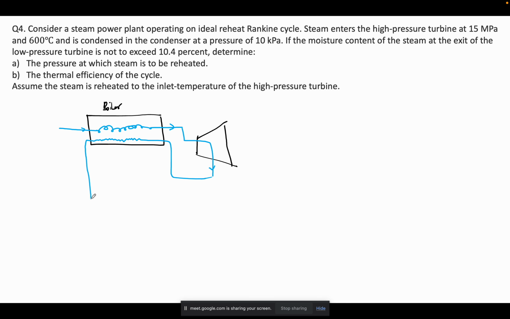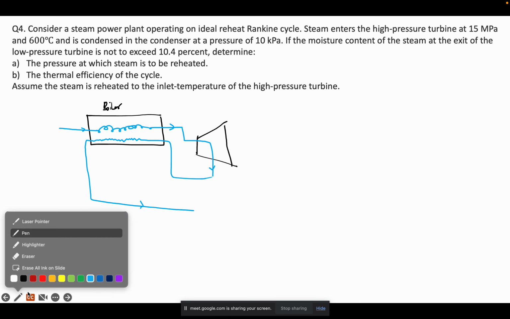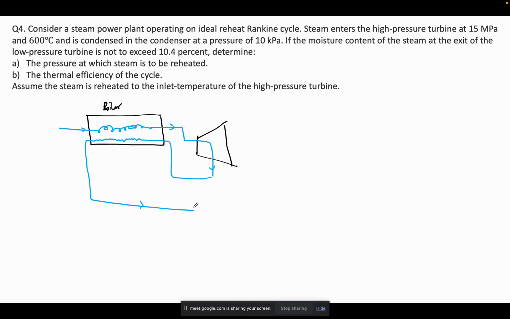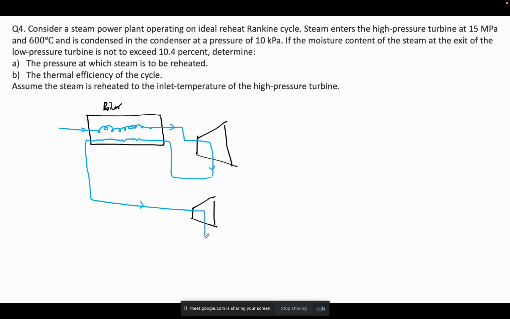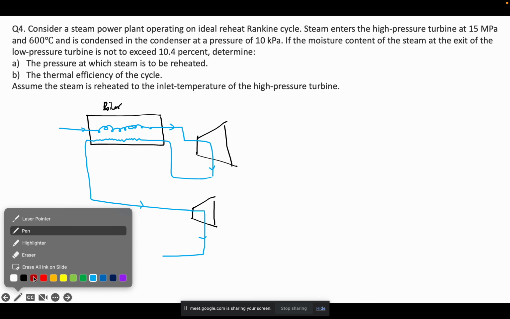Then it is allowed to enter another turbine, and in this turbine only the expansion to condenser pressure takes place. After that the rest are all the same.